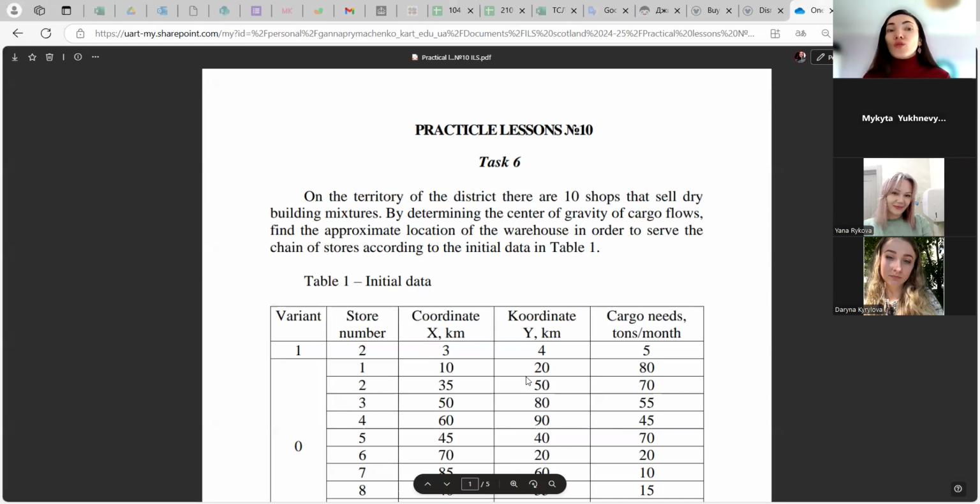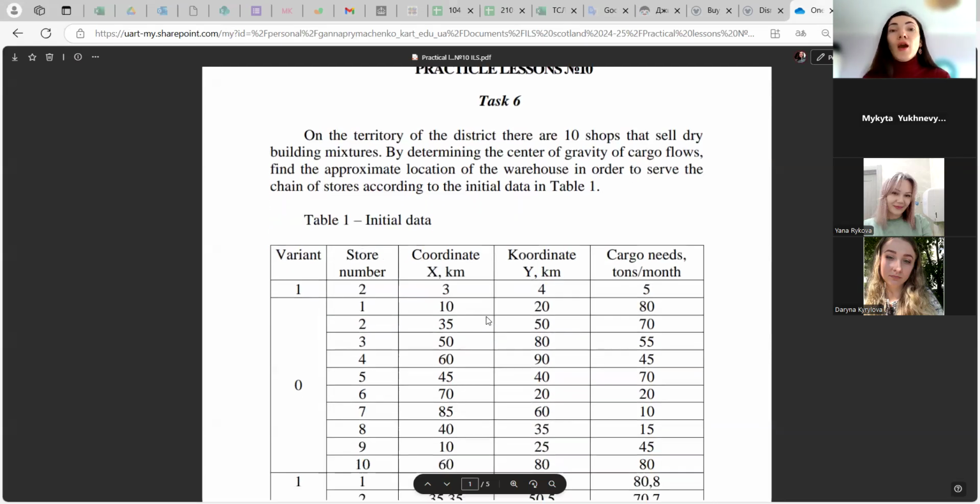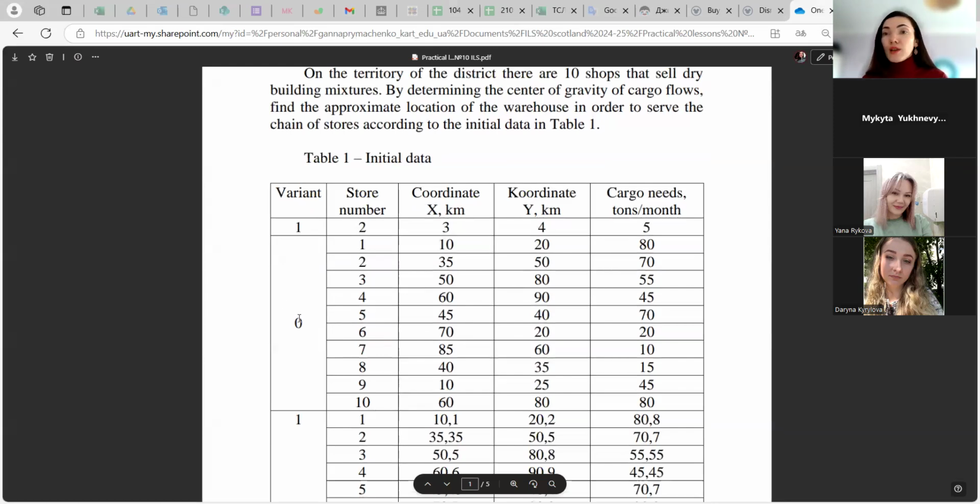In order to solve this for the chain of stores, use the initial data in table 1. So we have such information in table 1. We have 10 variants from 0 to 9, and every variant has 10 stores. So there are 10 shops where somebody can buy these building mixtures.